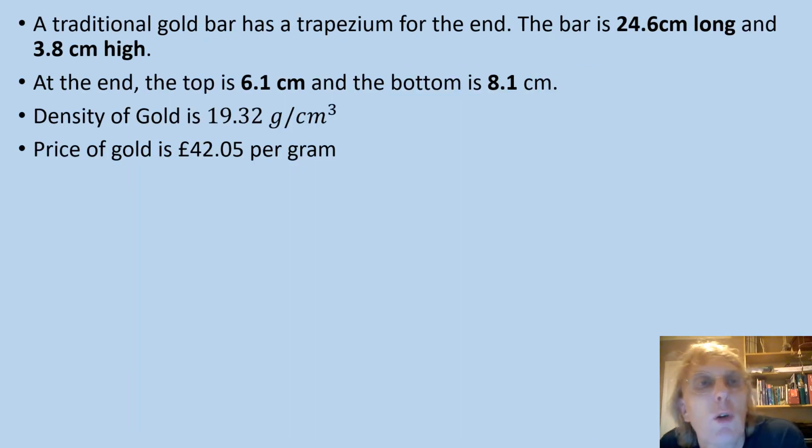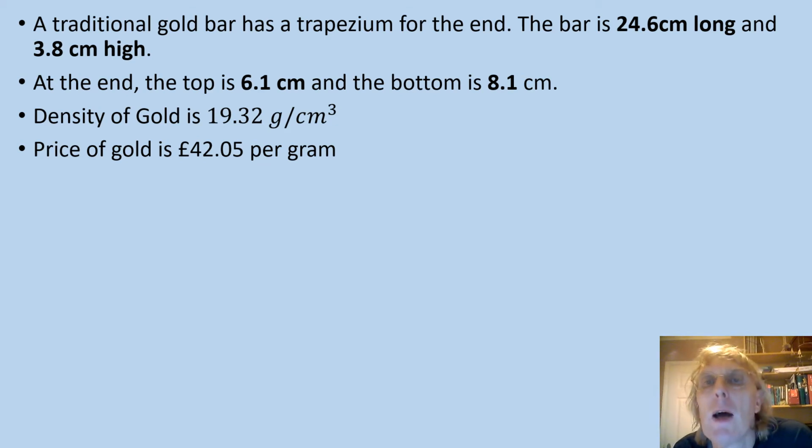So a traditional gold bar is a trapezium for the end. The bar is 24.6 centimeters long, 3.8 centimeters high. At the end, the top is 6.1 centimeters and the bottom is 8.1 centimeters long. I've got the density of gold there, and the price of gold, which I've just got off the internet today.